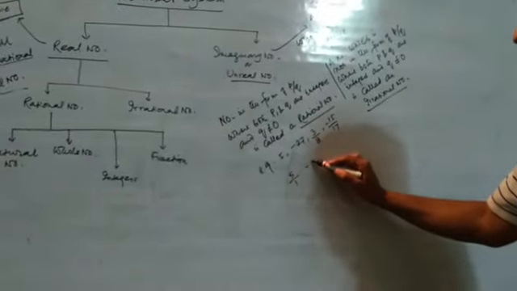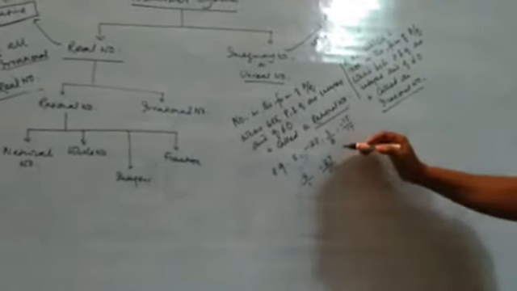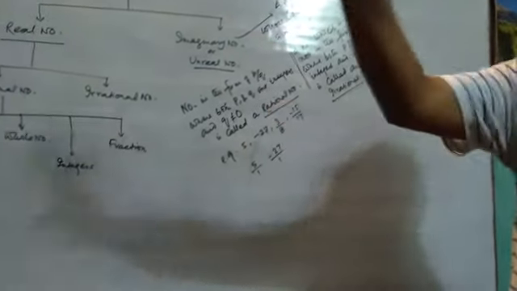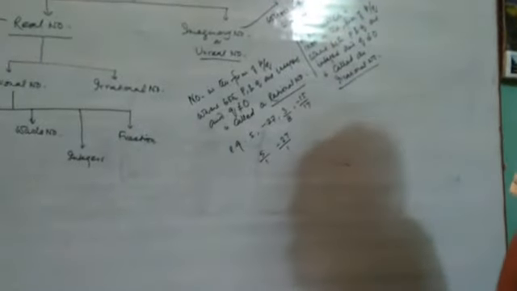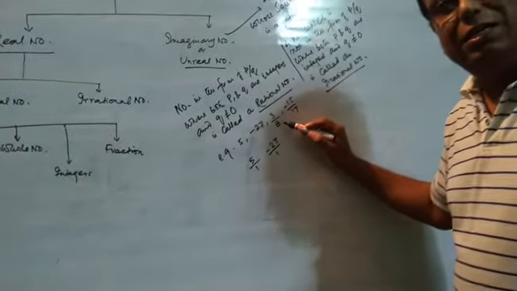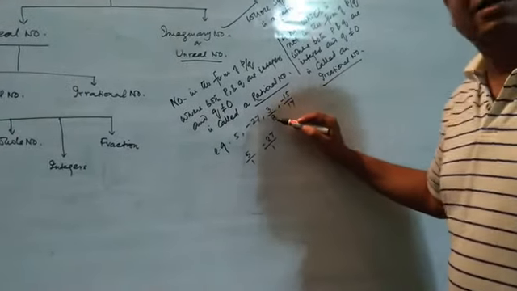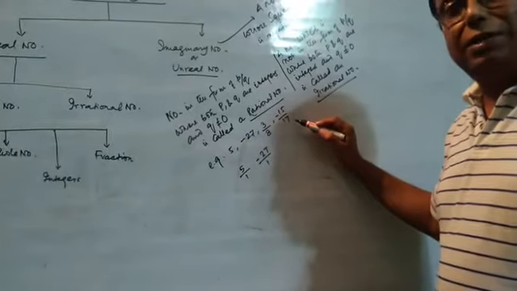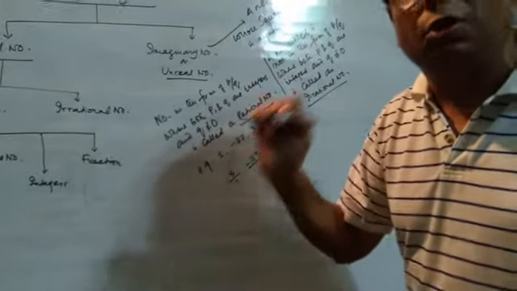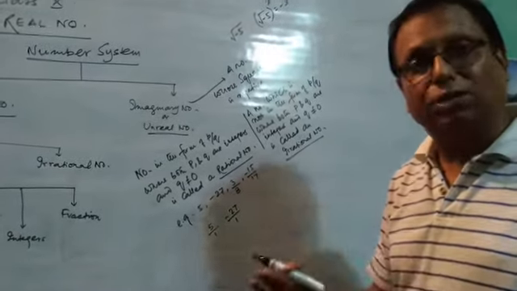Minus 27 can be written as minus 27 by 1. Here the integers are minus 27 and 1 is not equal to 0. So minus 27 is a rational number. 3 by 8. 3 is an integer, 8 is an integer, and the denominator, that is 8, is not equal to 0. Therefore it is again a rational number. Minus 15 by 17. Minus 15 is an integer, 17 is an integer, and 17 is not equal to 0. Therefore, minus 15 by 17 is also a rational number.